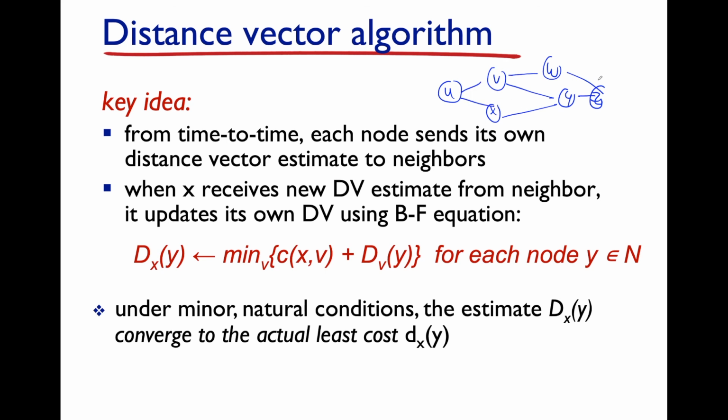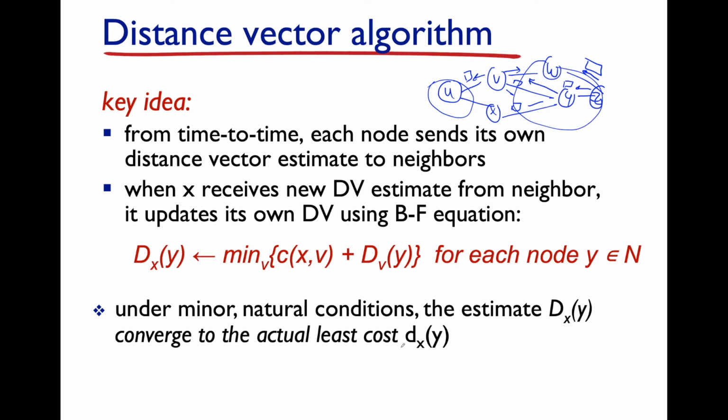So eventually, if z sends its distance vector to this neighbor, and this one sends its distance vector to each one of its neighbors, and these send distance vectors to each one of their neighbors, eventually information about this part of the network is going to make its way to that node. And that happens all across the network. So after all of these local exchanges of distance vector information, eventually it washes across the network and all these updates occur and it converges down to the actual least cost path, the actual distance vector.